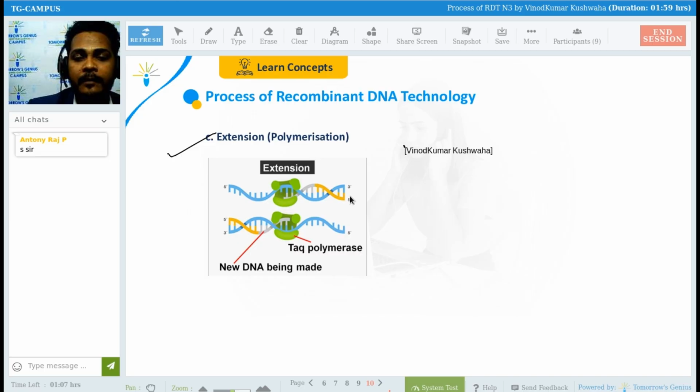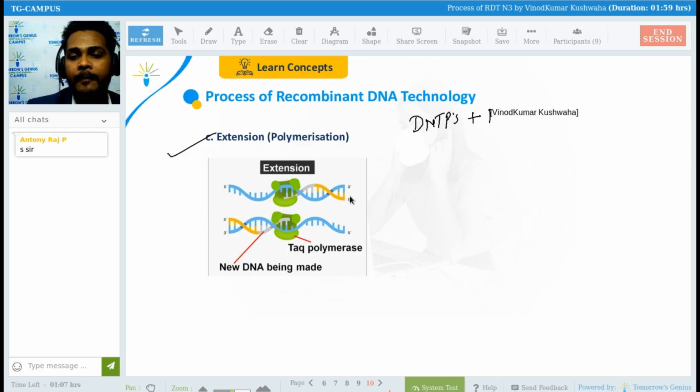So let me write it here: dNTPs plus magnesium. Okay, so it uses dNTPs and magnesium.